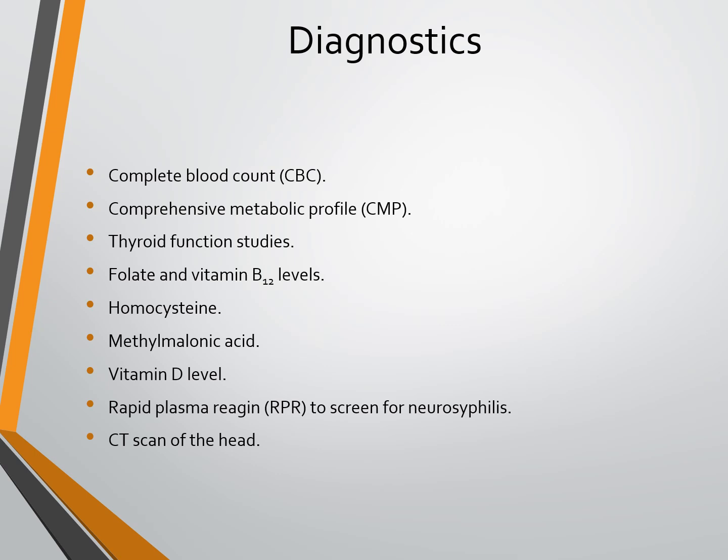You also want to do a comprehensive lab evaluation on these patients. These labs consist of a CBC, a CMP, a thyroid function test, folate and B12, a homocysteine, a methylmalonic acid, and vitamin D levels. You can even check an RPR, which is for syphilis, and a CT scan of the head.